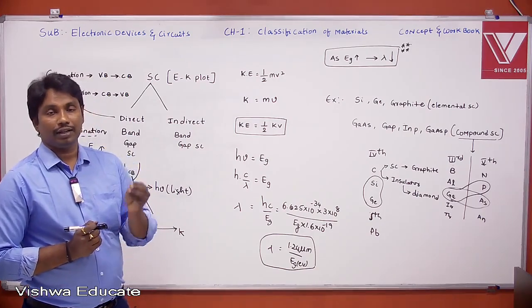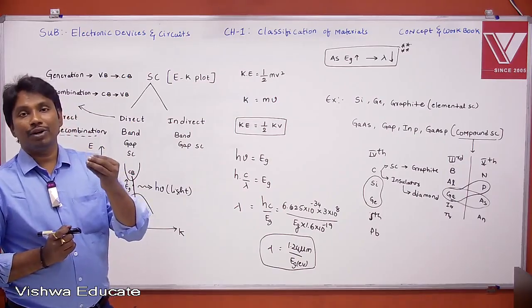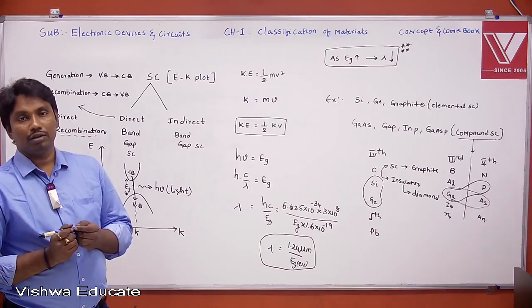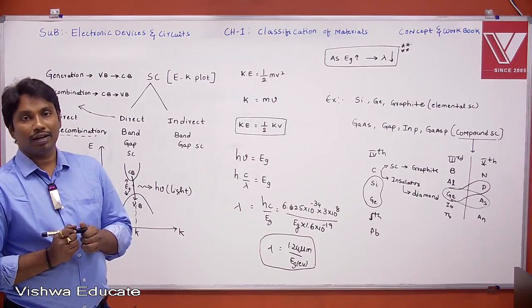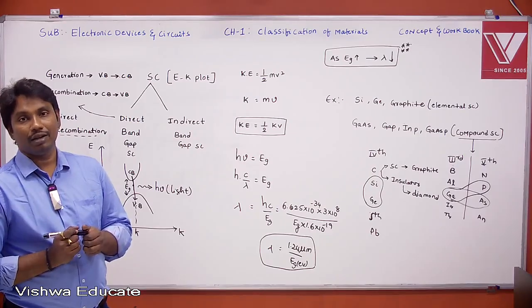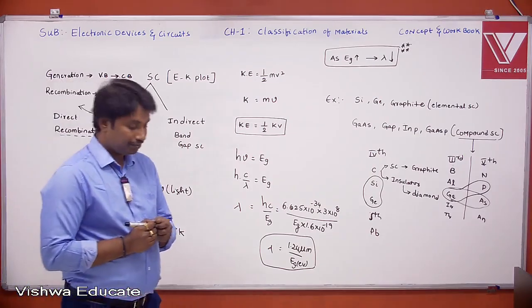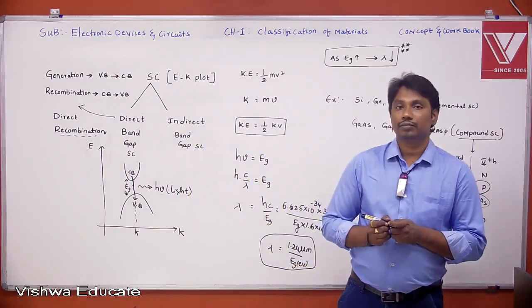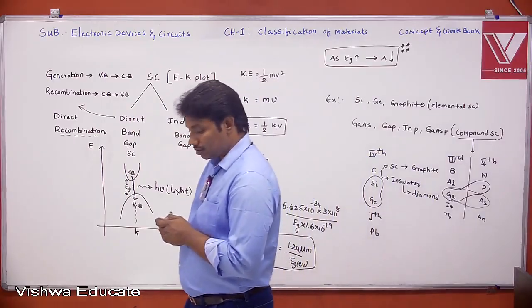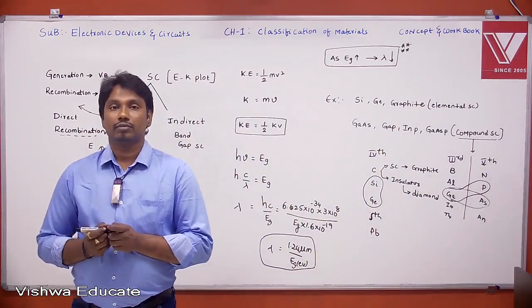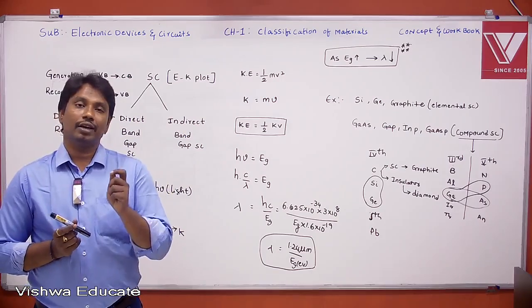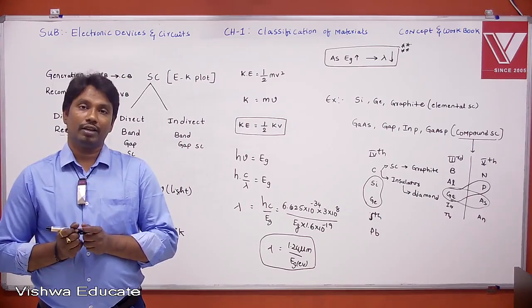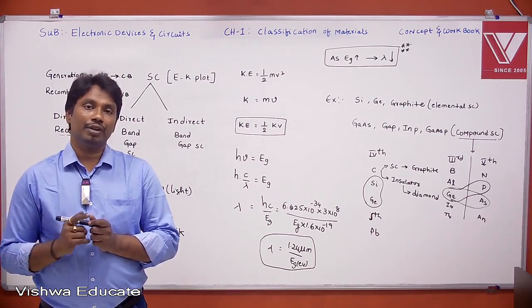Yeah. Next point. When the electron is coming from conduction band to valency band at the same momentum, it is called direct recombination. Please underline recombination.